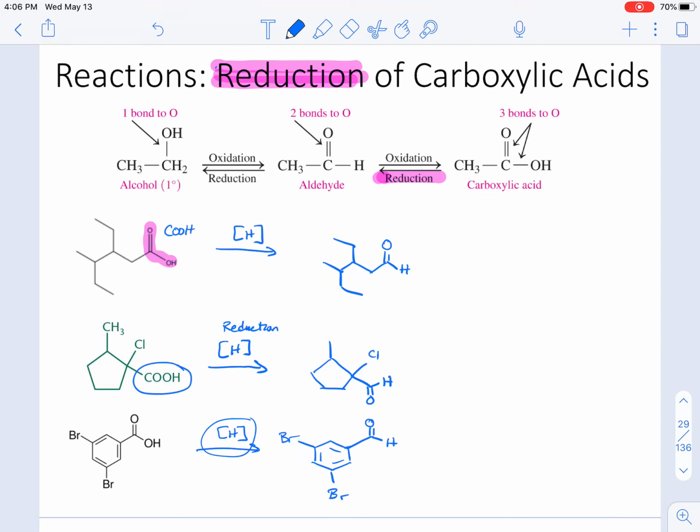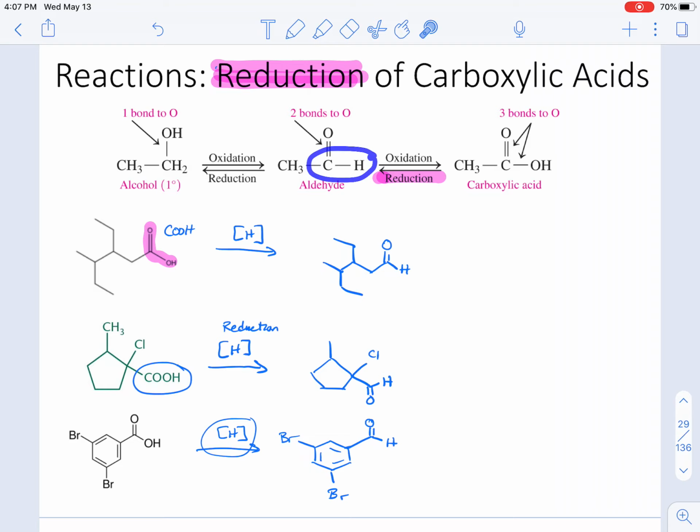Now, obviously, if we're talking about oxidation, then we're going to take this aldehyde and convert it back to a carboxylic acid. Remember, with oxidation, we're decreasing the connection between the carbon and the hydrogen, and we're increasing the connection between carbon and oxygen.